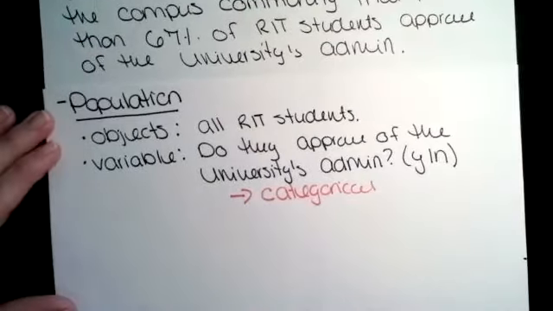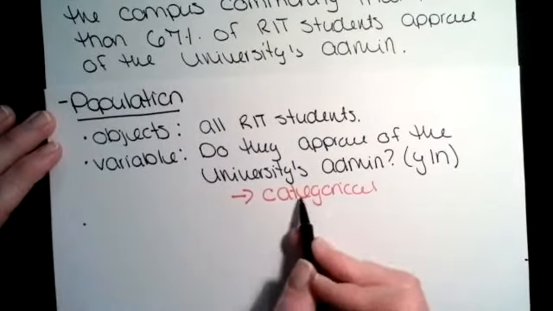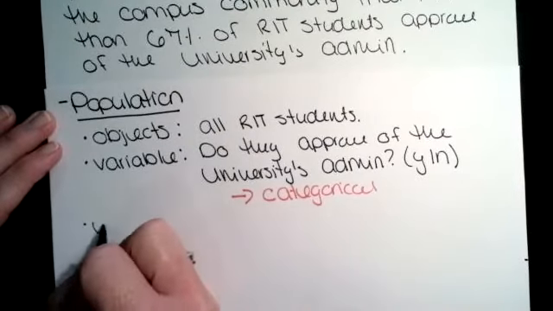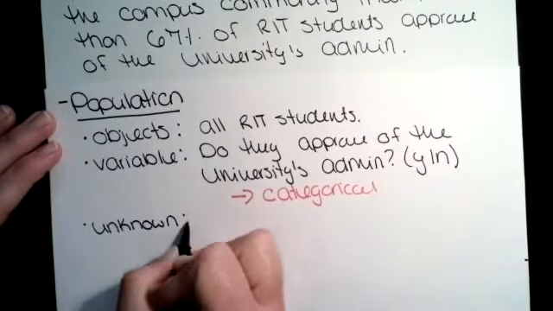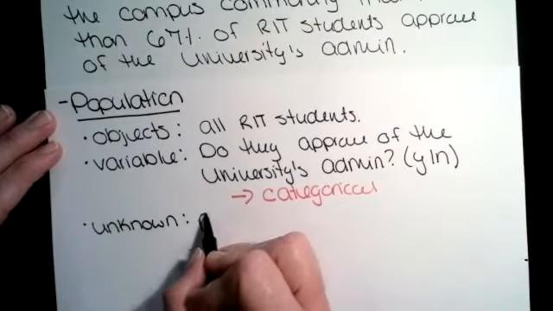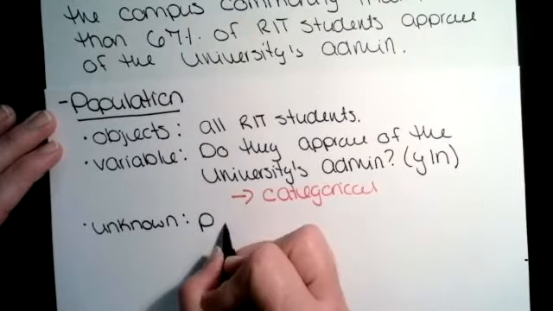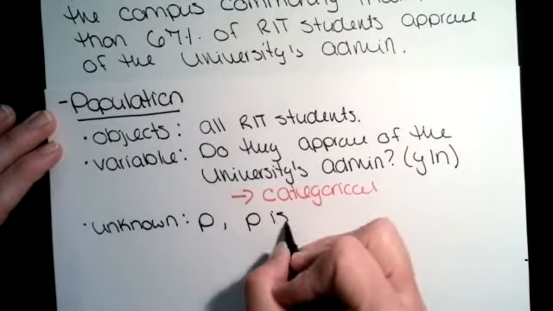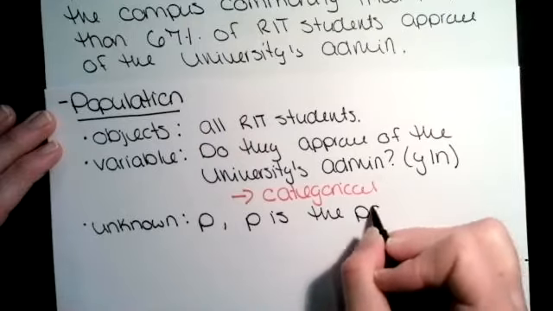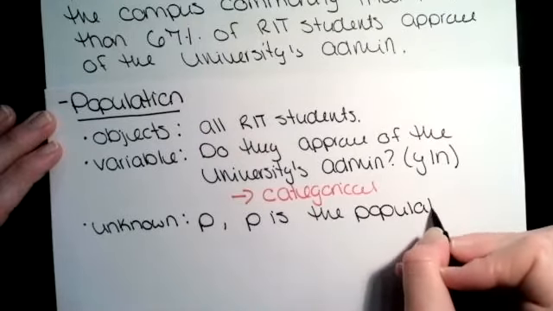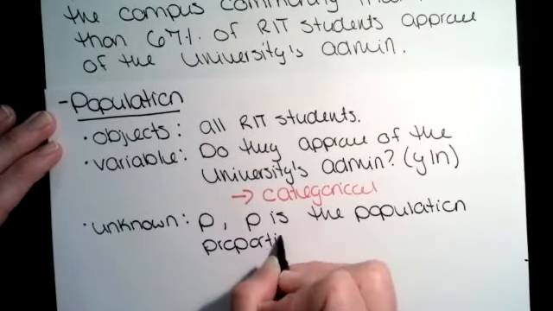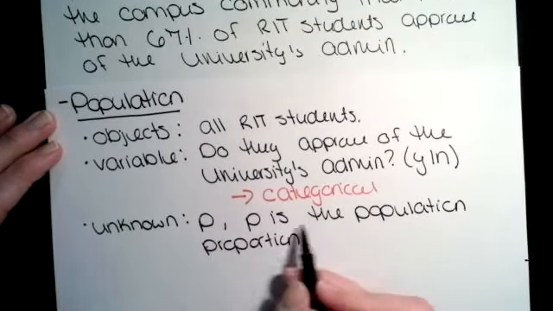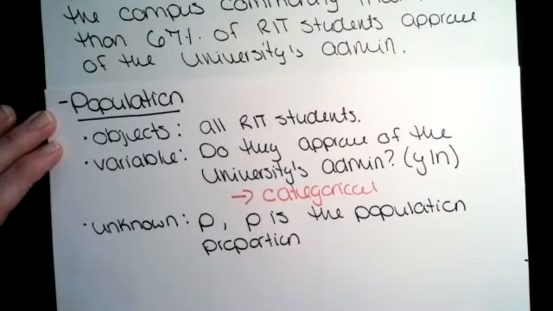Right? Okay, my unknown. So now if I know this is categorical, I know what my unknown is. Categorical is all about proportions. It's all about P. So P is unknown. And what is P? P is the population proportion. So that's how you should always start this out. P is population proportion. Now I have to say what it is of.